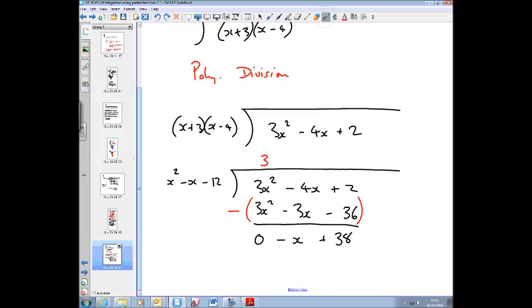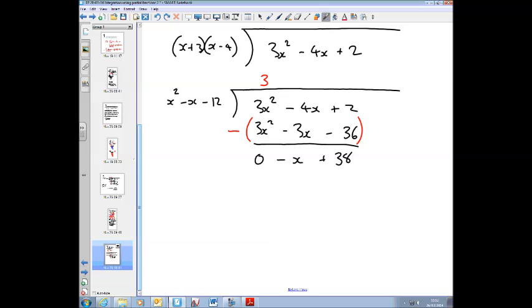We stop there, because the power of my remainder is lower than the power in the divisor. Okay? So we've got an answer. We can say that our original fraction, 3x squared minus 4x plus 2 over x plus 3 x minus 4, putting it back into its factorised form, equals 3.